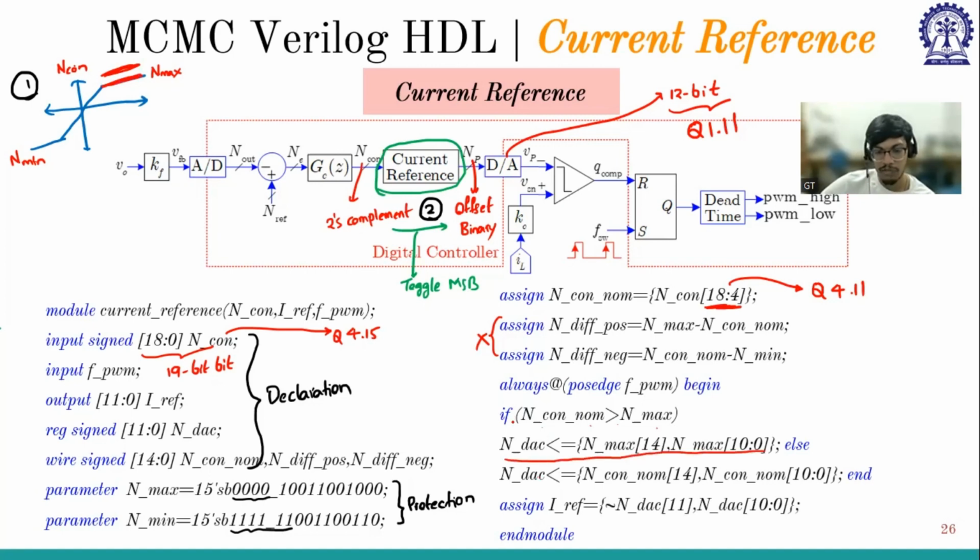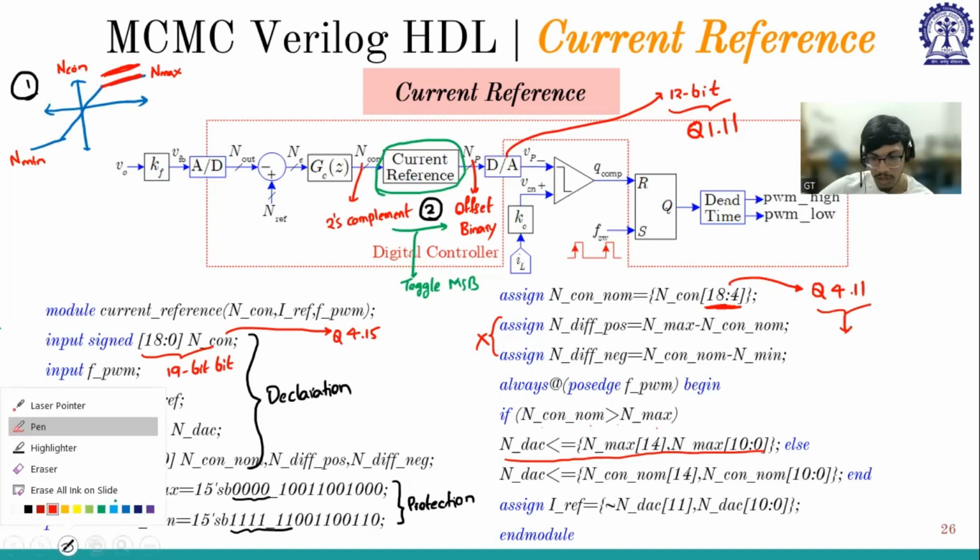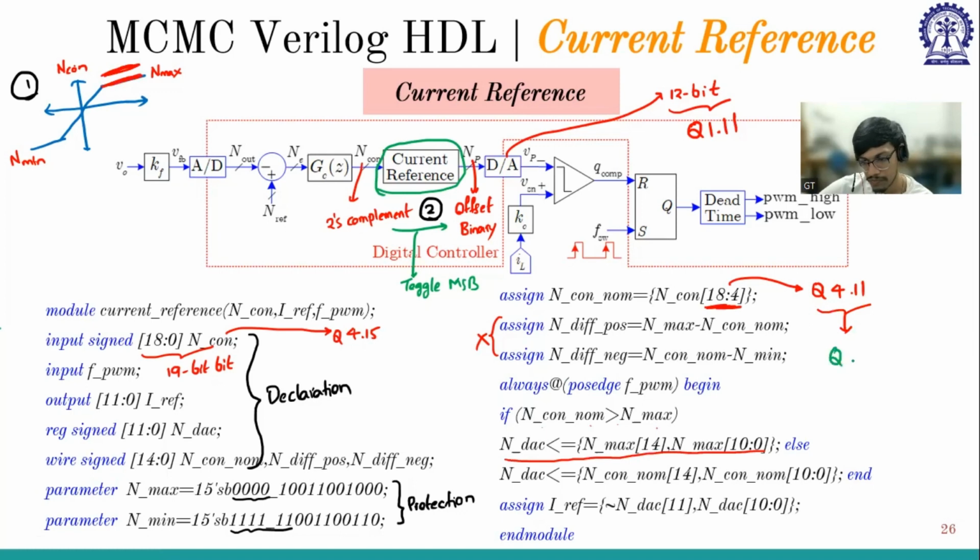So if it is more, then we are restricting it to N max, which we are saturating at N max. Else, this again has to be converted to which format? Q1.11, right? So out of these 4 bits, we'll consider 1 bit, which is the MSB, most significant bit, padded by the last 11 bits.